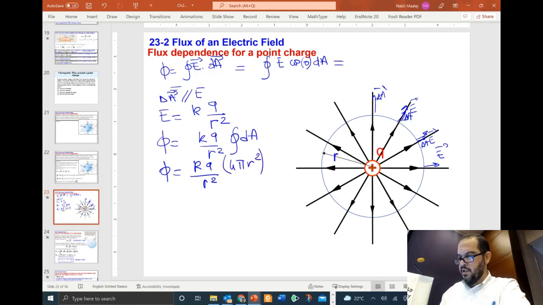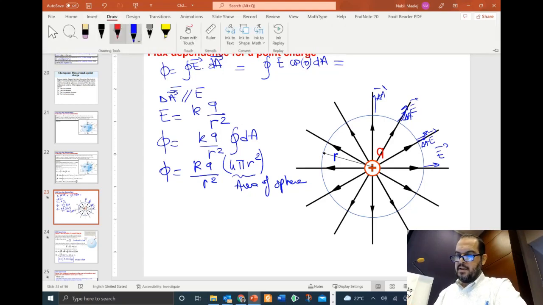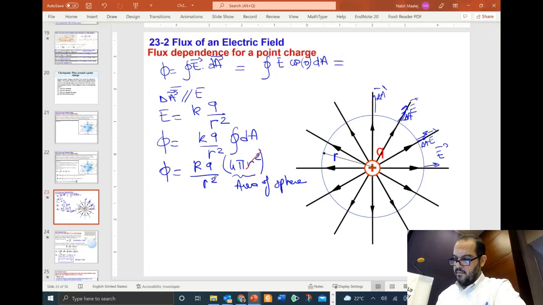So this is the area of the sphere. Notice what happens to the dependence on r. The r squared cancels, and we end up with a flux equal to 4 pi times k times q.